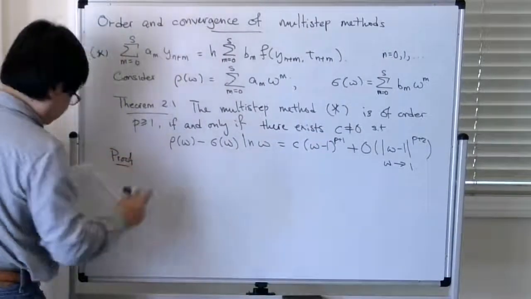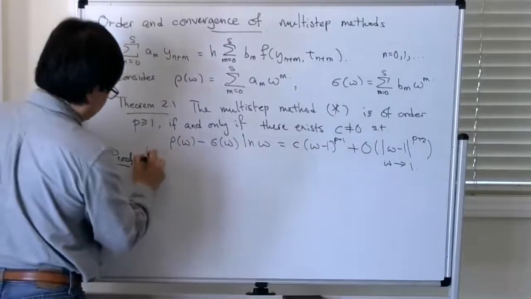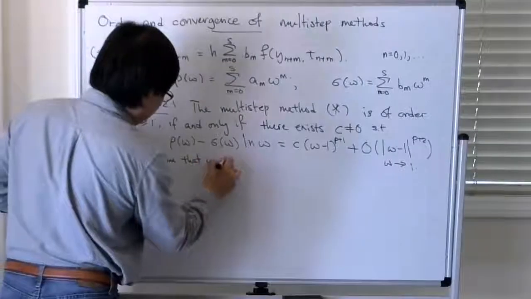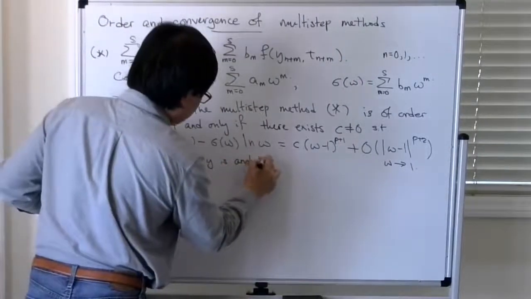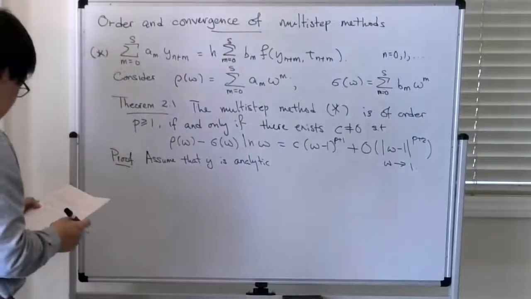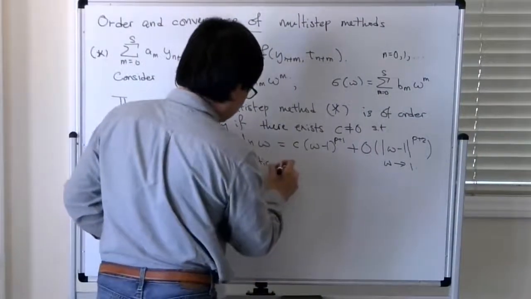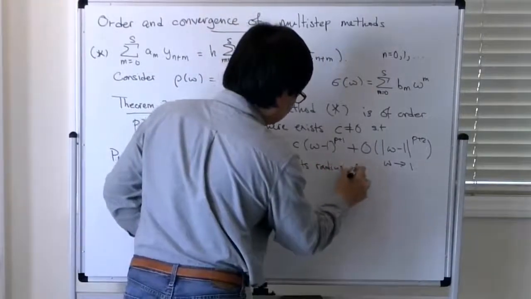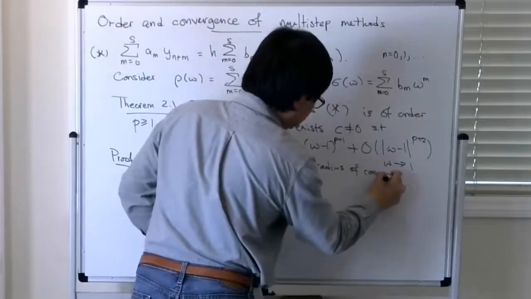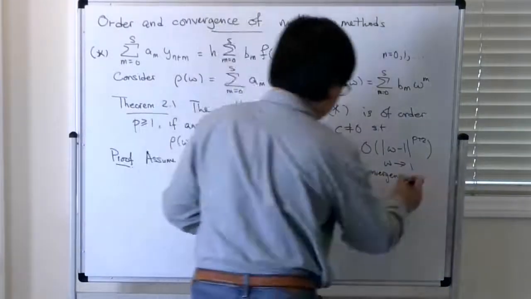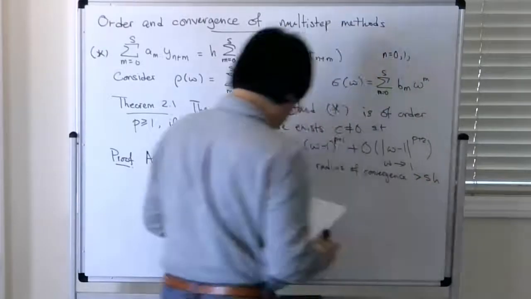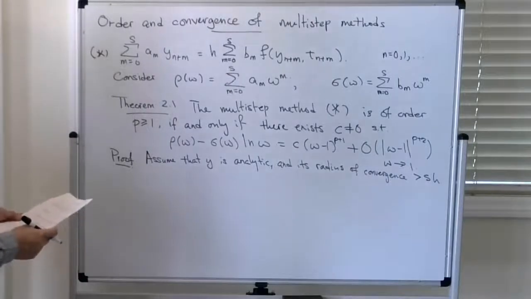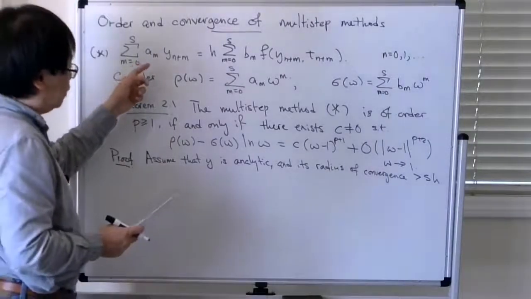You have to assume that y is analytic, and its radius of convergence is greater than s times h. Essentially, if you recall, there is this psi of y and t.